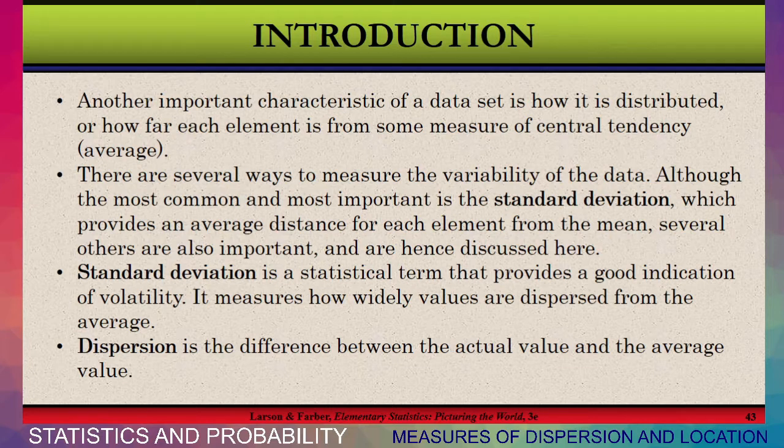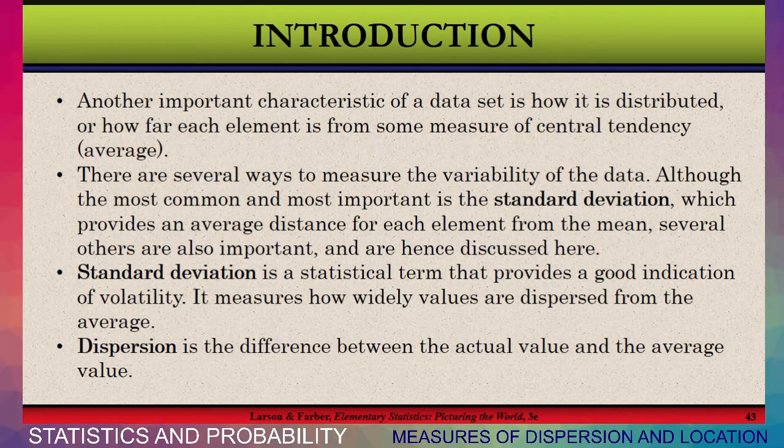So, yung actual value na sinasabi dito sa dispersion ay yung ating given na dataset, kunwari kapag ungrouped data. So, siya yung ating tinatawag na actual value. Then, the average value will be the value of the mean.